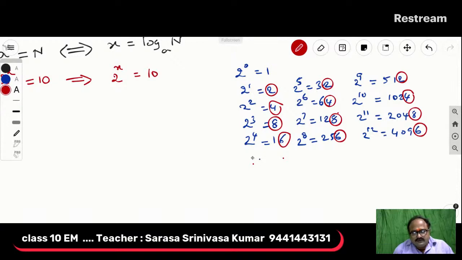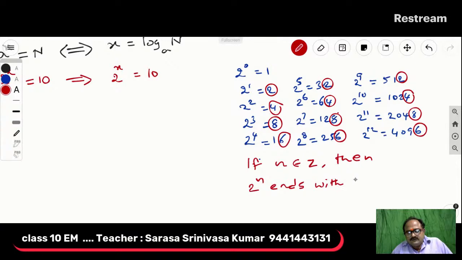If n is a natural number, otherwise if n is any integer, then 2 to the power of n ends with... I will write not Z, it is whole numbers.